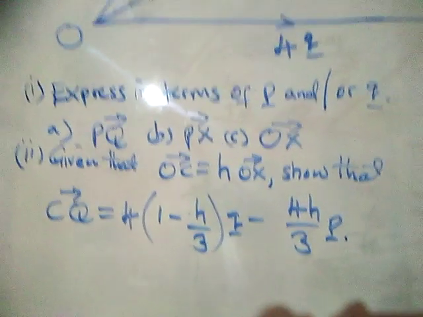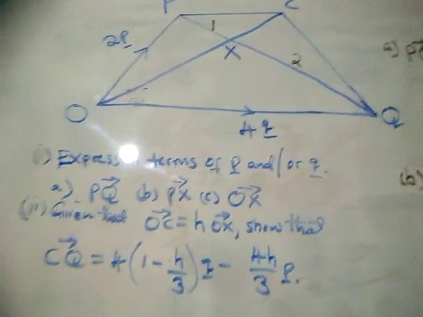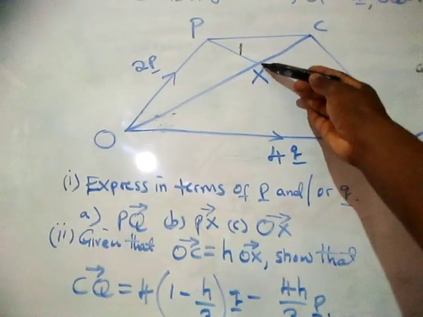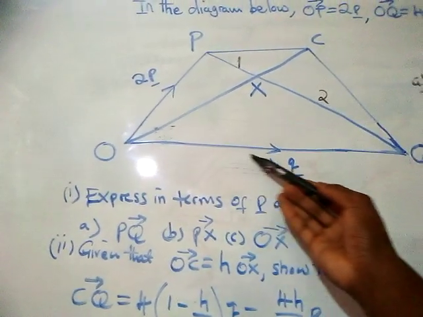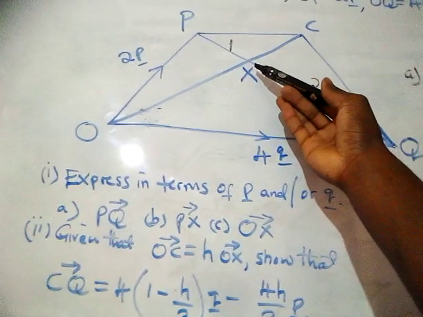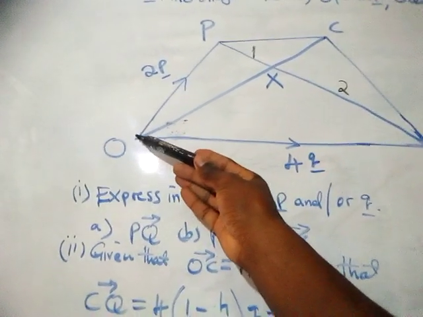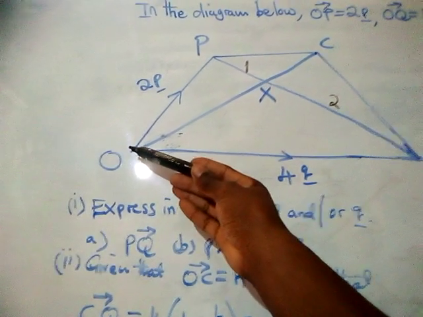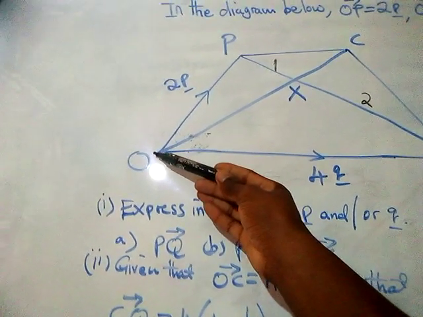The third one, we're asked to find vector OX. How do we get at X from O? We wouldn't want to move using this way, though it's correct, but I would want to move using the obvious movements. By obvious movements, I mean our movements have to be well defined.